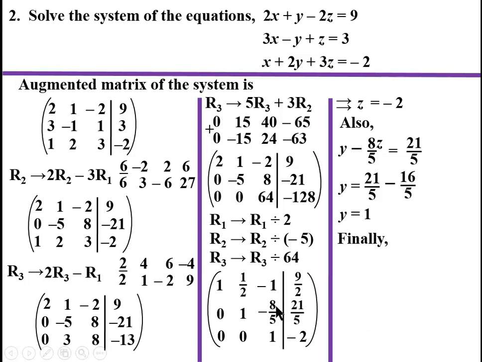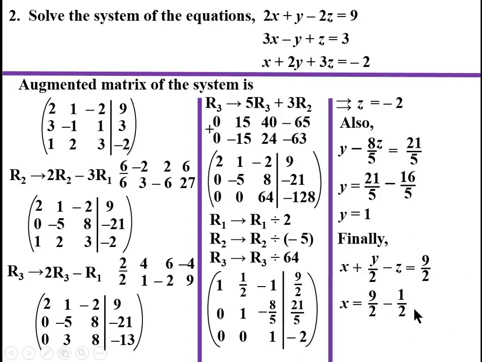And finally, the first equation means x plus y over 2 minus z is equal to 9 over 2. So x will be 9 over 2. This is 1 over 2. Going to the other side, it becomes minus 1 over 2.